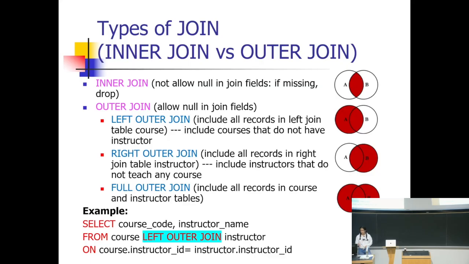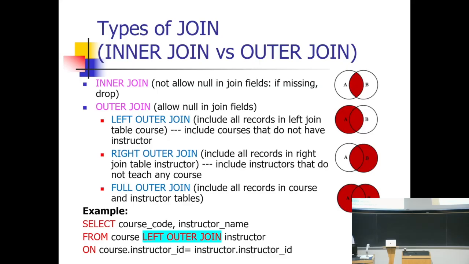Now, the example in this slide: we have select course code, instructor name from course left join, or left outer join, instructor on the common field, which in this case is the foreign key, right? Using the foreign key, because instructor ID in the course table is the foreign key. Now, what does it mean?